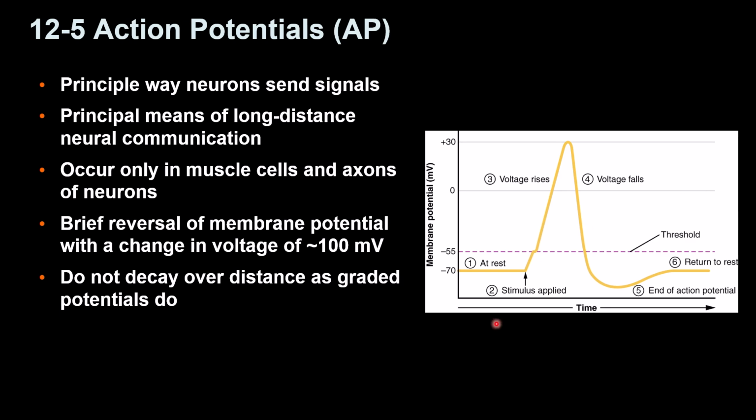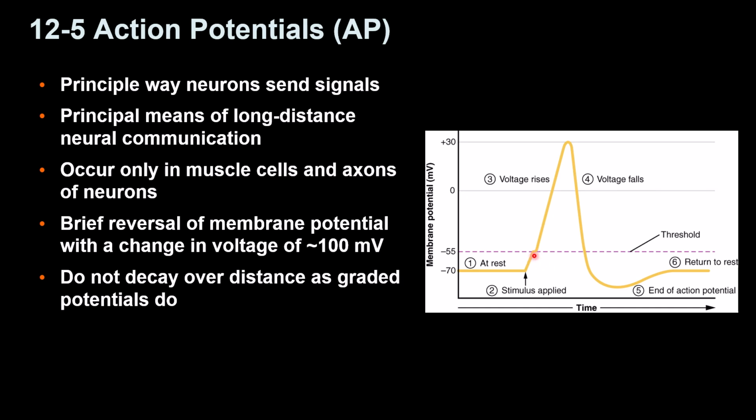Compare that with action potential here. Action potential happens in the muscles and axons. Here at rest you have negative 70. If a stimulus comes, and if the stimulus is strong, that can cause depolarization. Remember, depolarization means the cell becomes less negative or more positive.